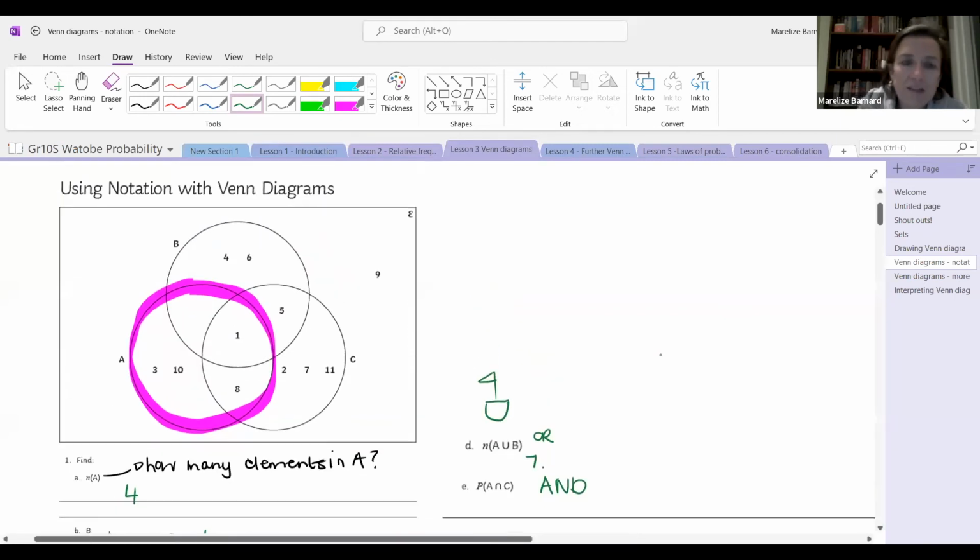Look where the overlap is. It is not or, so we are only looking at and. I see lots of answers saying 8 out of 11. Think again. We are only looking at the overlap.